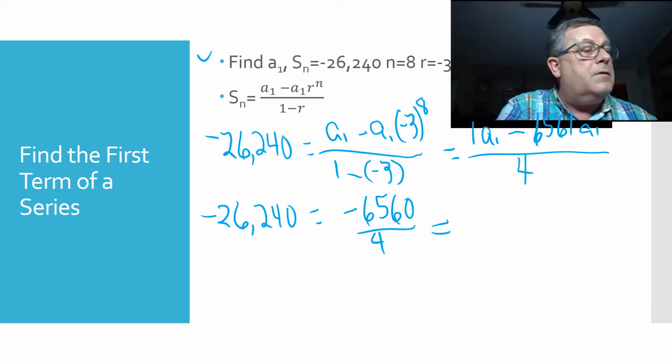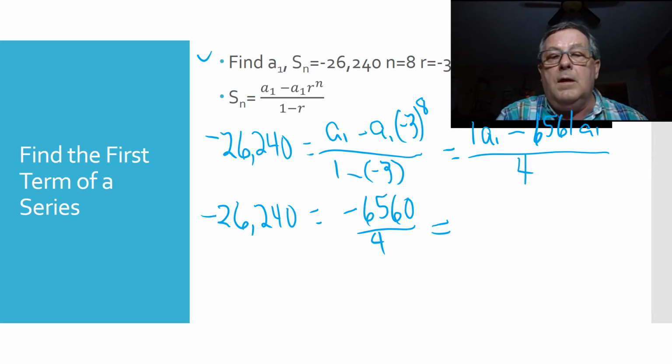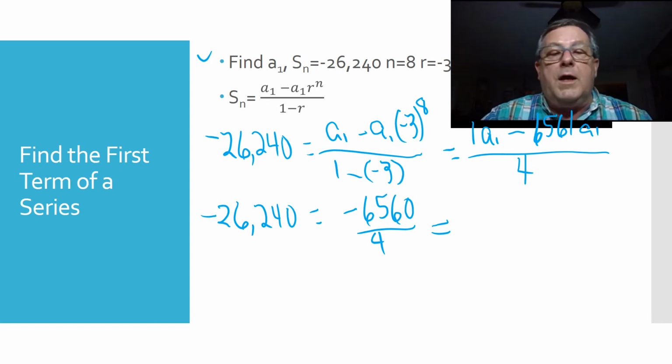Let's go negative 6,560 divided by 4, which is negative 1640 A1.